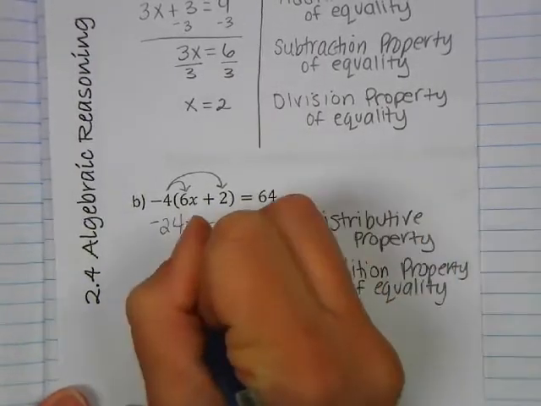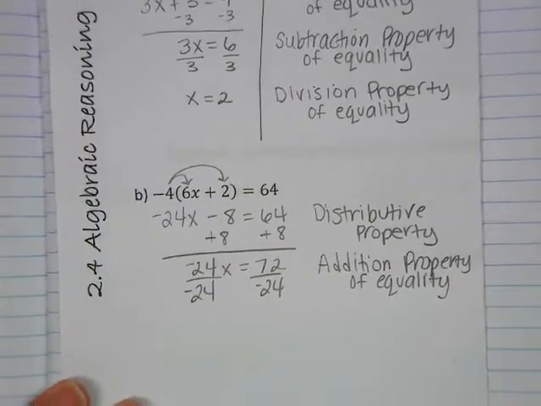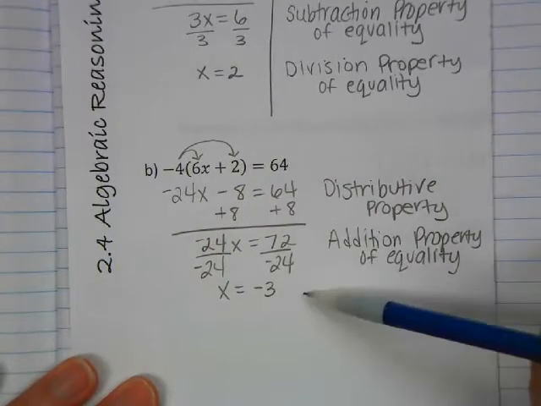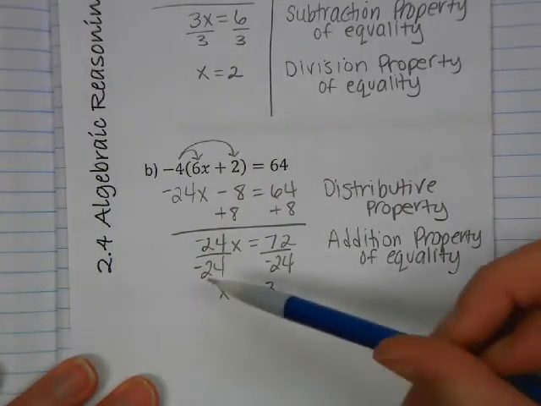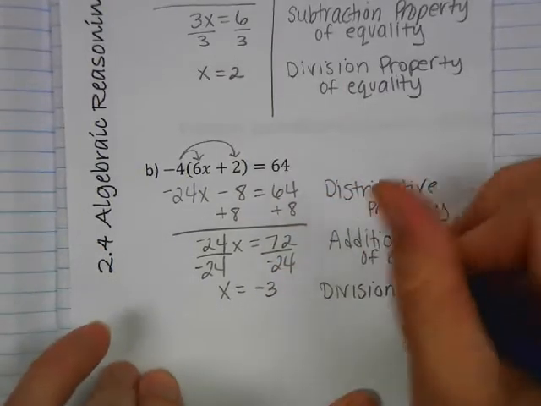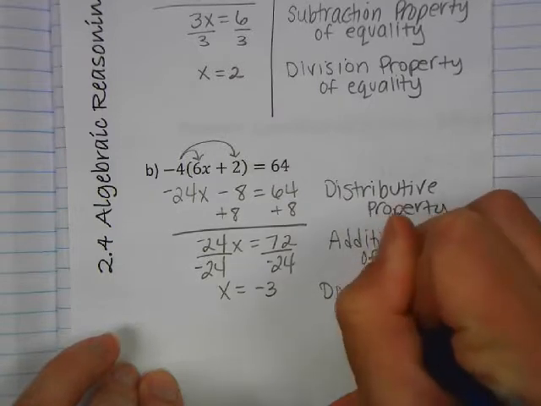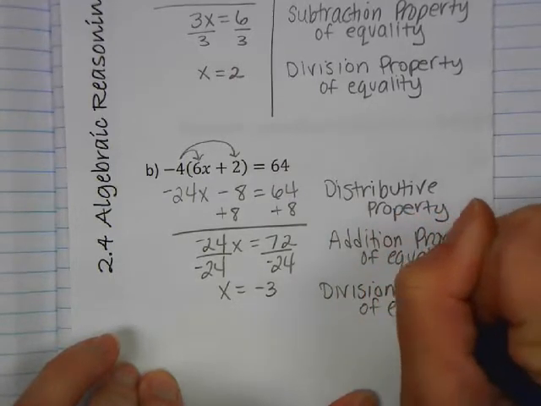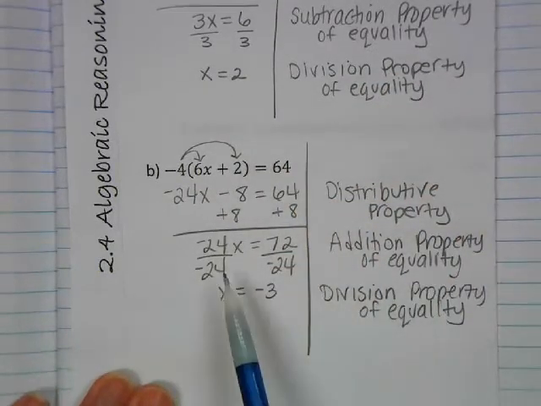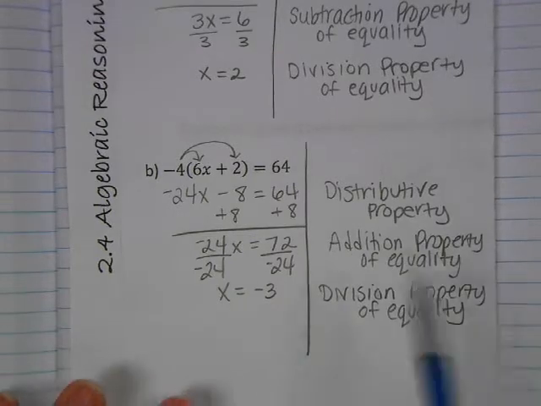Then to finish, divide both sides by negative 24, so you'll get x equals negative 3. And since you divided both sides by the same value, then your reason is the division property of equality. So again, you're getting used to this 2-column proof where your statements are on the left and your reasons are on the right.